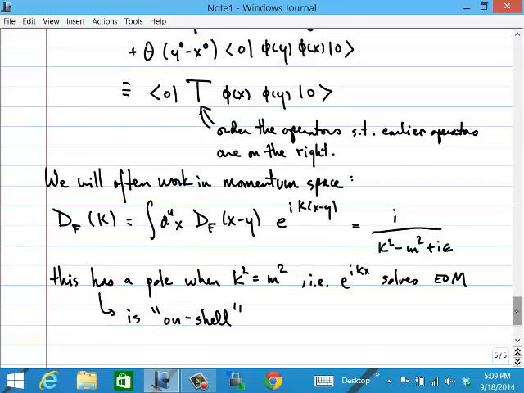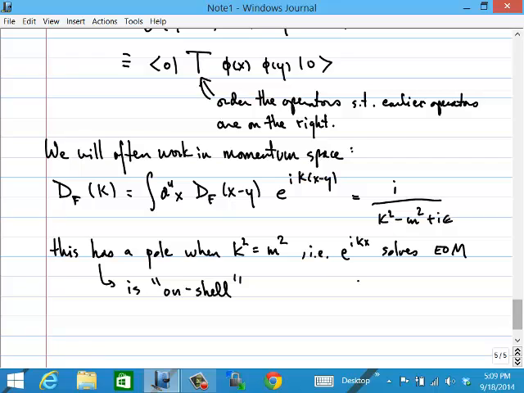So what we imagine is that we have, in k space, some shell where k squared is equal to m squared. It's a little hard to draw. It'll look like this. Some sort of surface in k space that looks like this. And whenever the four-momentum lies on that surface, the plane wave will solve the classical equations of motion. And so we say that's on shell.